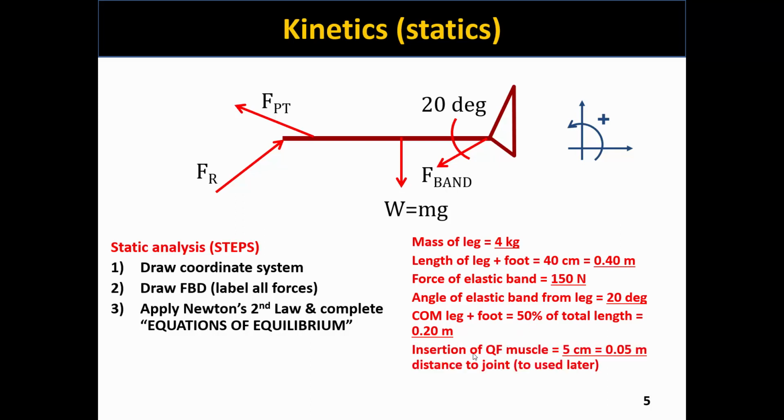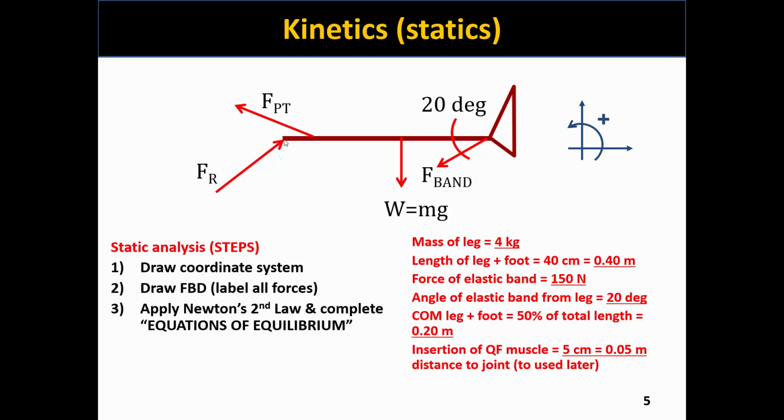The insertion of the quadriceps femoris muscle through the patellar tendon is estimated to be 5 centimeters or 0.05 meters, the distance from the joint. So this very small distance here is 5 centimeters, and that's an important consideration because if FPT had a point of insertion right at the joint, it would not be in a position to produce a rotation.